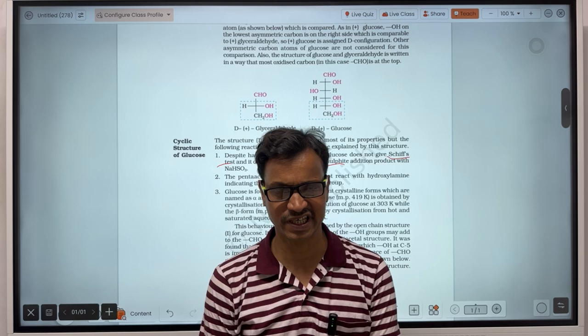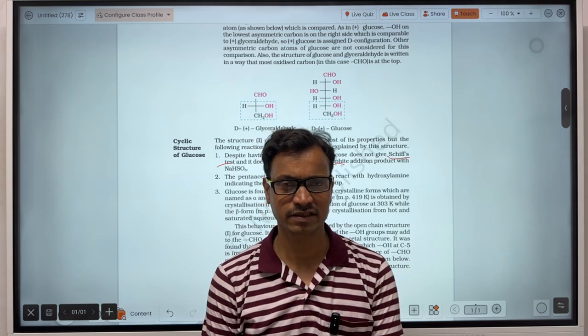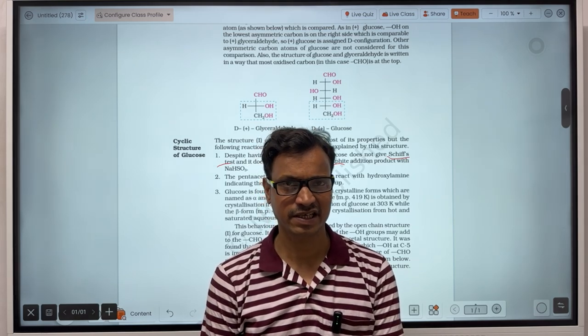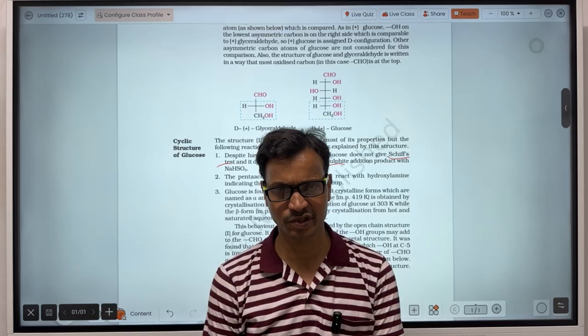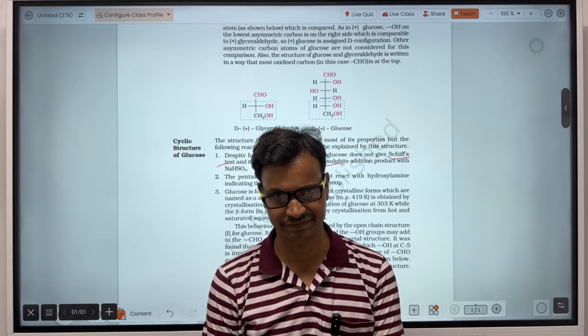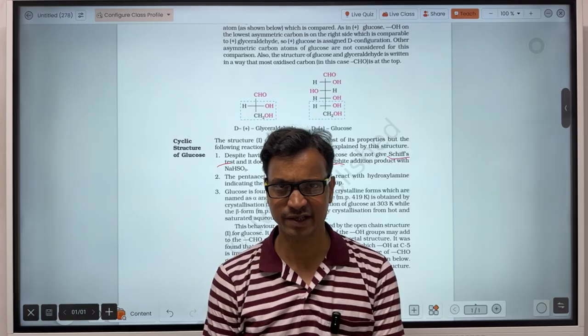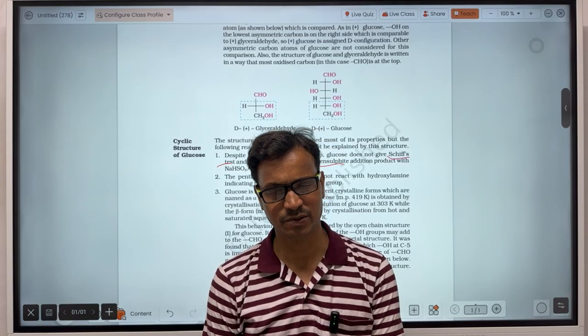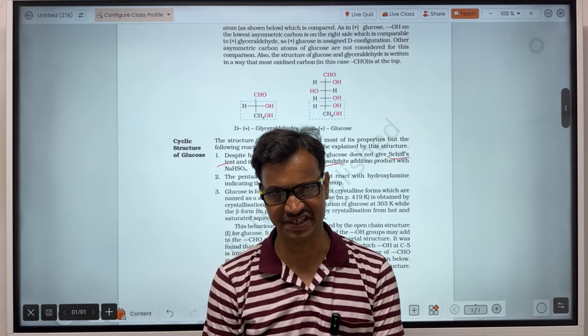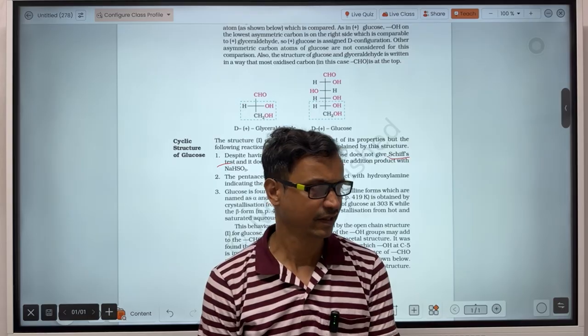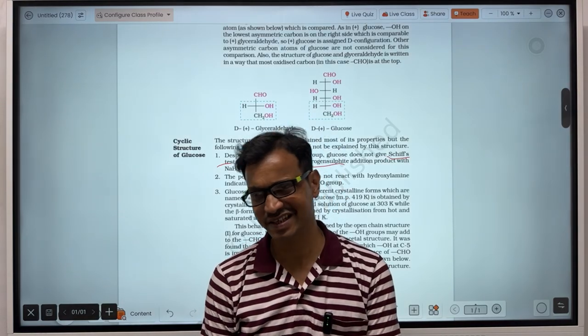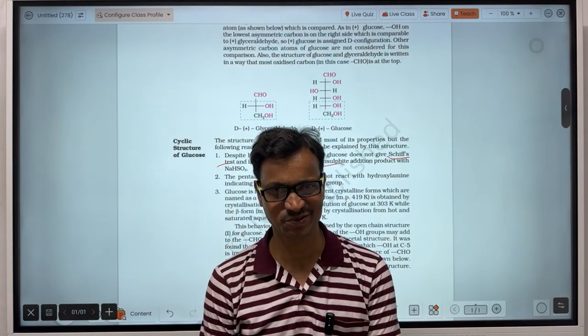When any compound reacts with Schiff's reagent, that indicates that there is an aldehyde group or a ketonic group in the compound. So in glucose there is an aldehyde group, but it doesn't react with Schiff's reagent. So that's why it indicates that there might be no aldehyde group.